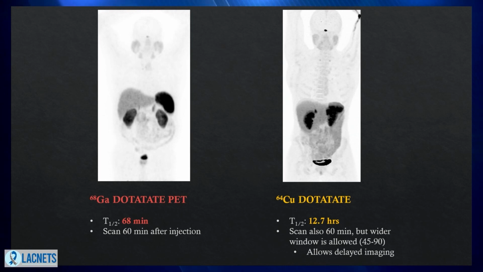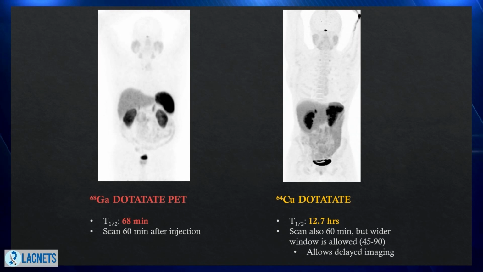So the main advantage for copper here is this long half-life that's going to allow the distribution of copper dotatate to areas where they don't have gallium generators nearby. If we want to distribute a radiotracer with a half-life of 68 minutes, then we can distribute it only to short distances, but copper dotatate allows distribution to much longer distances. So that's the main advantage, and it's going to allow for wider scanning windows.